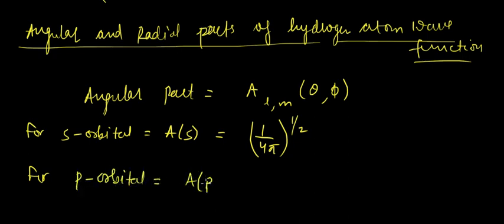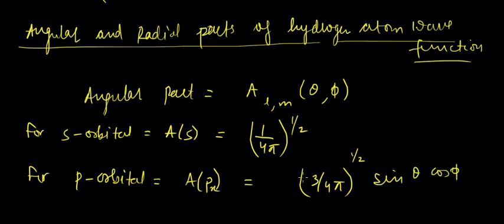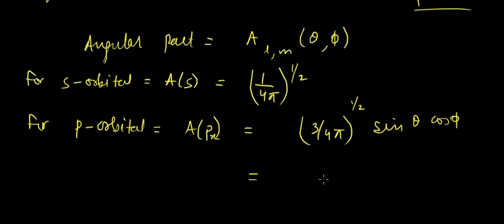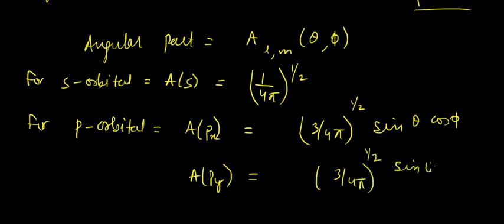A of px would be 3 upon 4 pi, to the power 1 by 2, times sin theta cos phi. The angular part of py would again be root of 3 by 4 pi, and then sin theta sin phi.